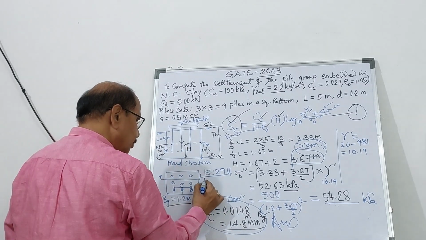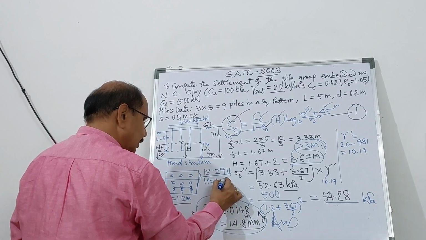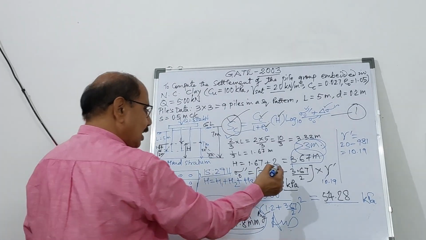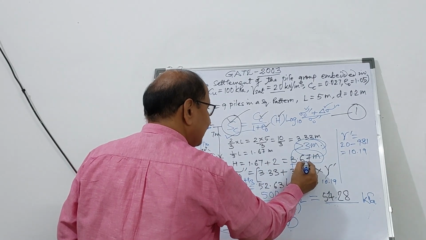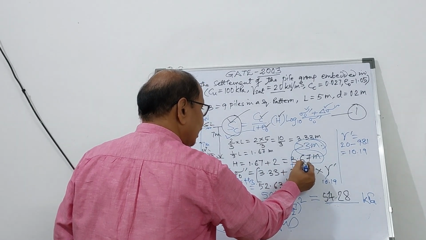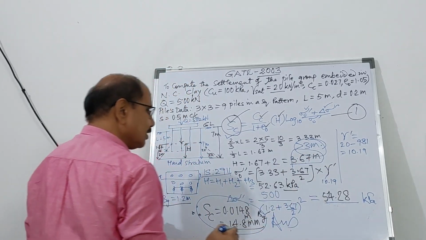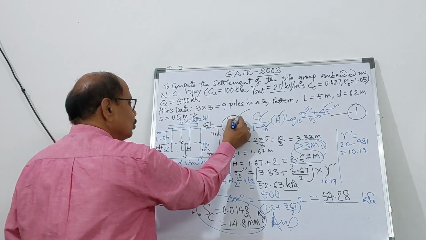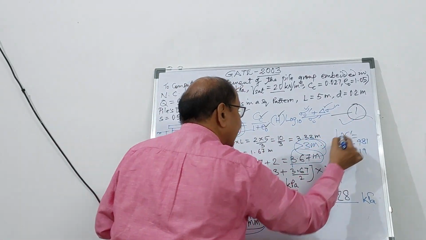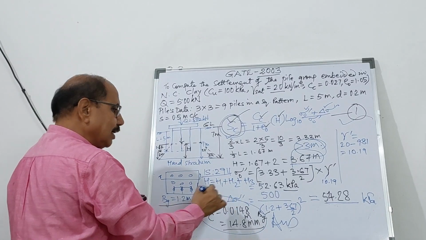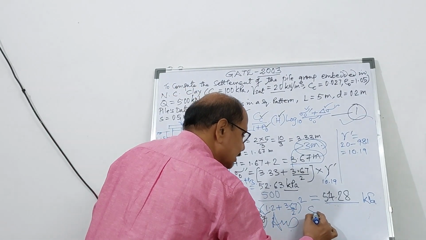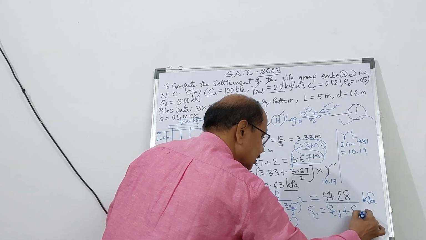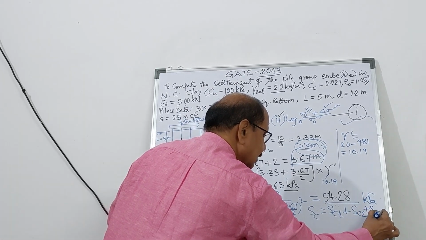So this H should be divided into H1 plus H2 plus H3. So this 3.67 meter, you can take 1 meter, 1 meter and the last one as 1.67 meter. And at the midpoint of each layer, by using this expression, you can calculate the consolidation settlement, and then finally SC will be SC1 of layer 1 plus SC2 plus SC3.